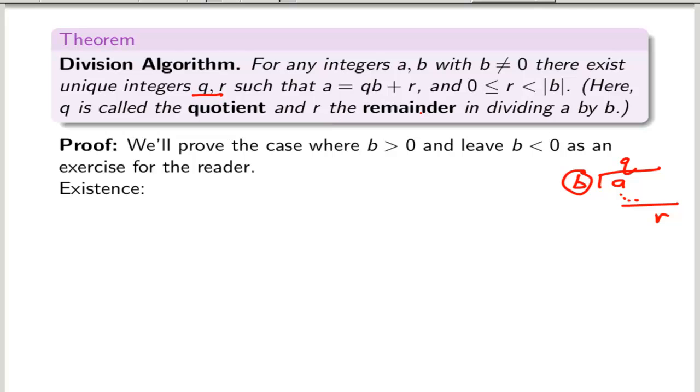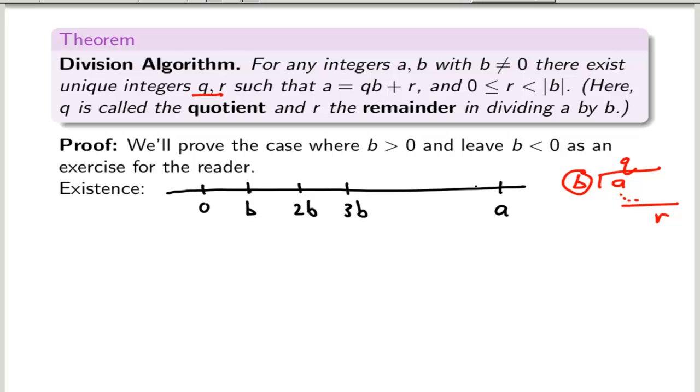Okay, let's just prove the case where B is positive. So I'll draw a number line. Here's B, and here's our bigger number A. We'll have 2B, 3B.